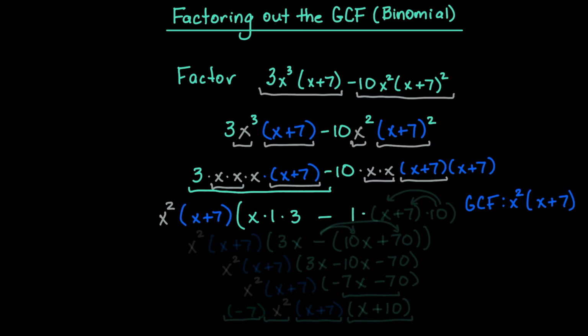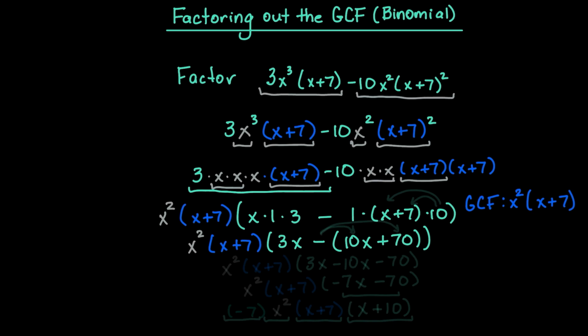And if I divide out x plus 7 from x plus 7 squared, I'm left with 1 x plus 7. And then we also have our 10. Let me rewrite a little neater. This ends up being 3x minus, I'm going to distribute the 10, so minus 10x plus 70.